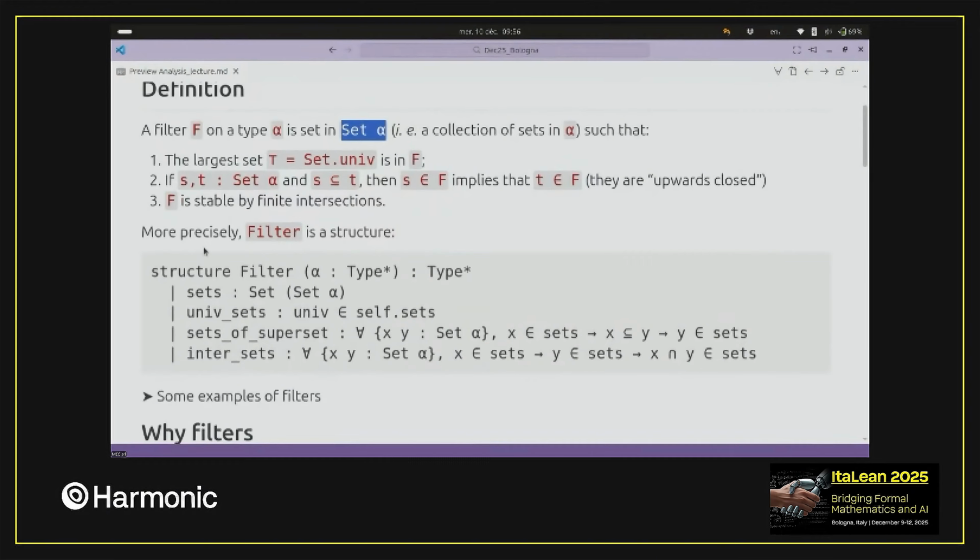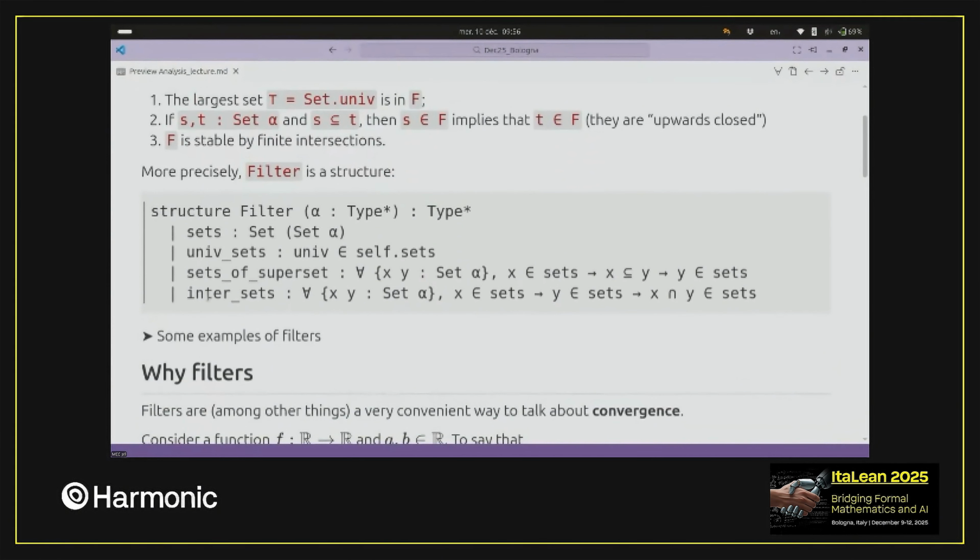It's not really alpha itself, because alpha is a type, whereas univ is a set. But from the mathematical perspective, univ is the whole set. So univ of R is R, the set of all real numbers. It's just that R in Lean is a type, and the set of all real numbers is a set. So they cannot, strictly speaking, be equal, but it's the same thing.